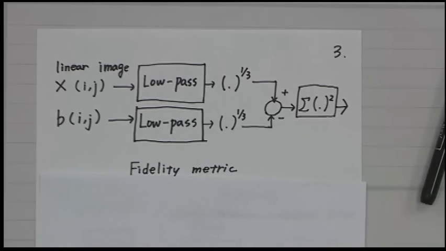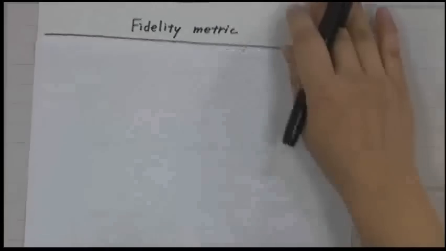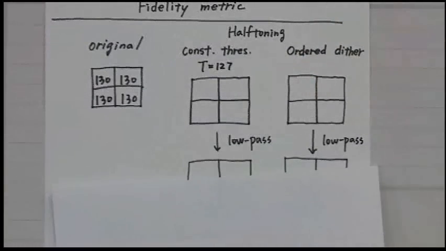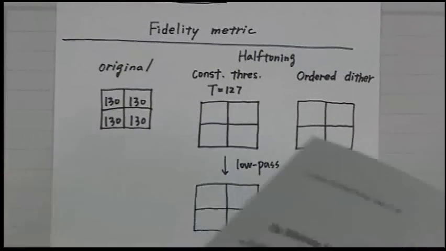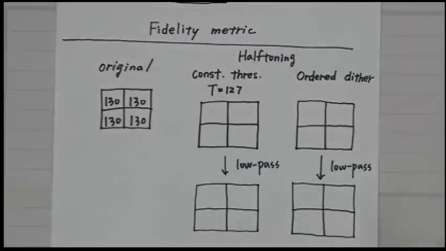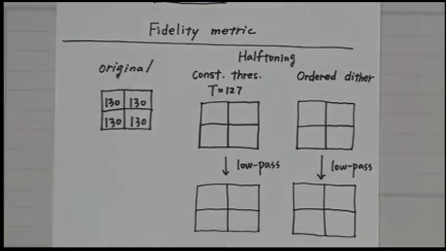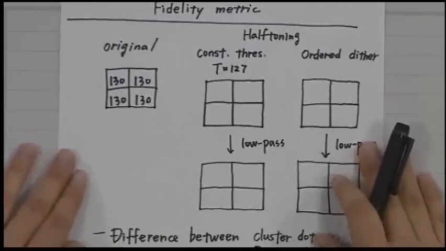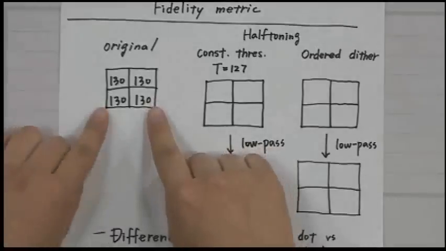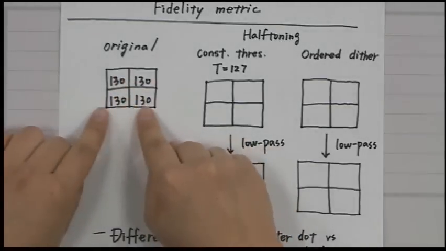So many people thought about a better cost function and also about alternative methods to constant threshold. Here's the example. Let's say we have 4 pixels, and each pixel takes the same value, 130.